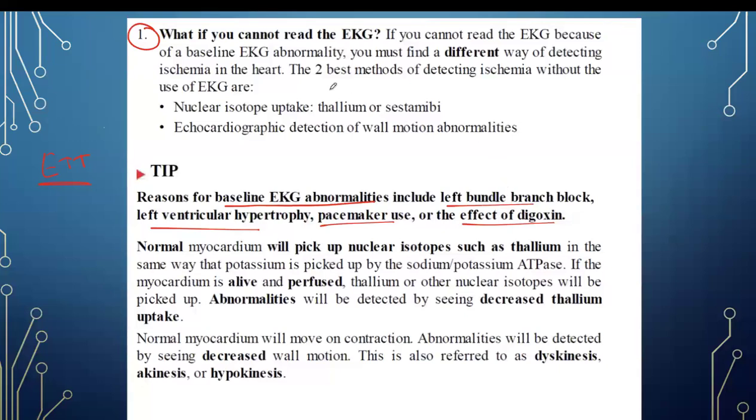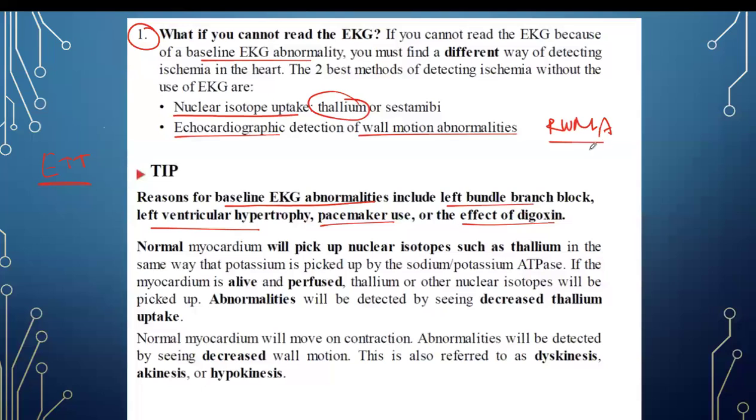So for someone who has a baseline ECG abnormality, our best method of detecting ischemia is doing some nuclear scan. You can either do a nuclear isotope scan, which is a thallium scan, or you can do an echocardiogram, and echo can show that some part of the cardiac wall is not moving as it should be. So you get regional wall motion abnormality, commonly known as RWMA.